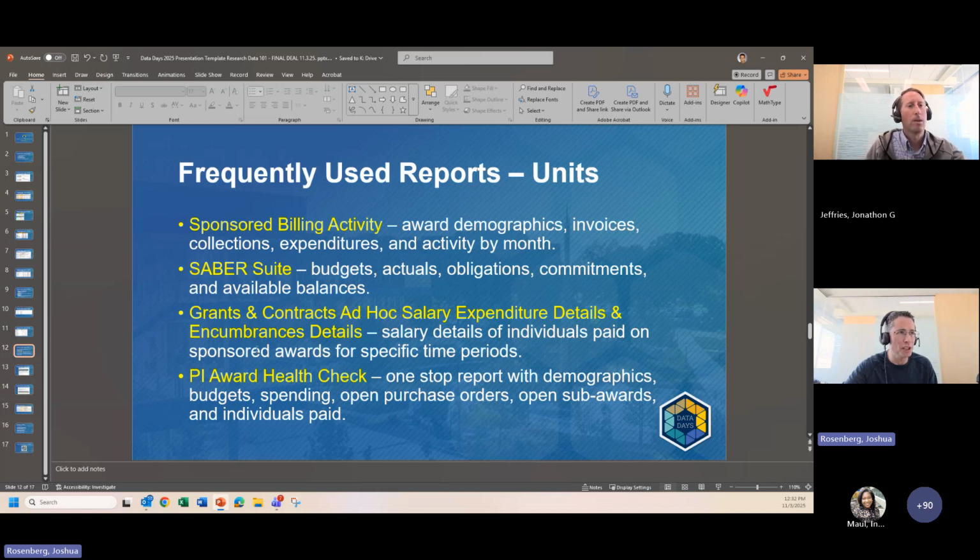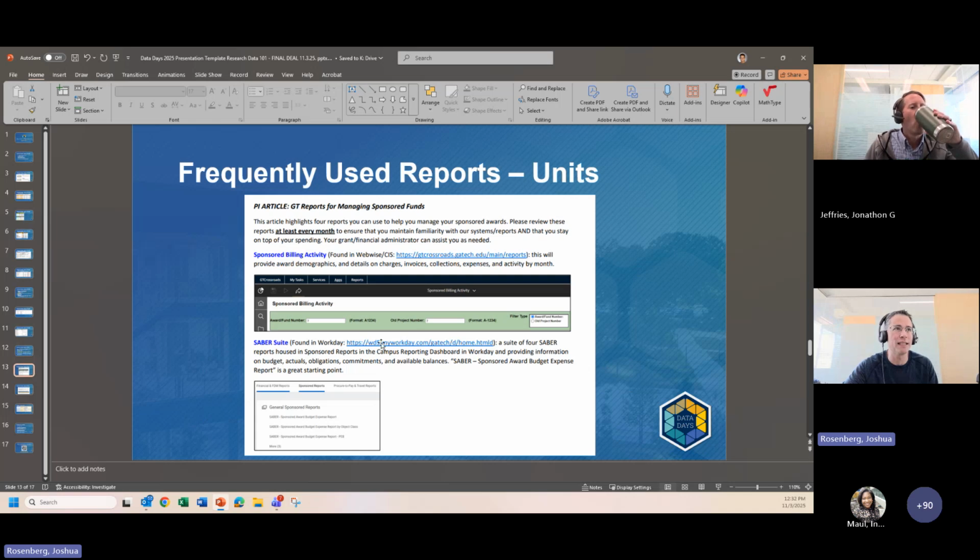This all came from a PI article. These are one-page articles that our office writes every month, on all topics related to research administration, specifically geared towards post-award research information.